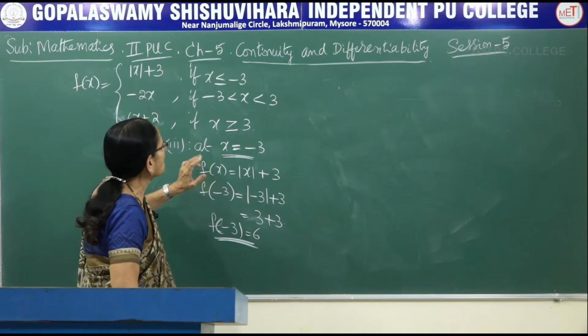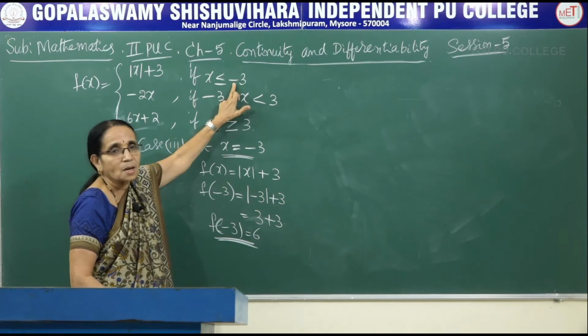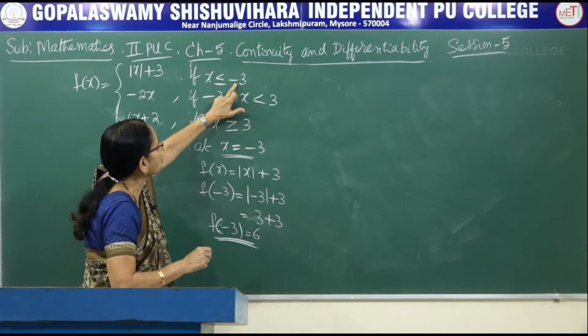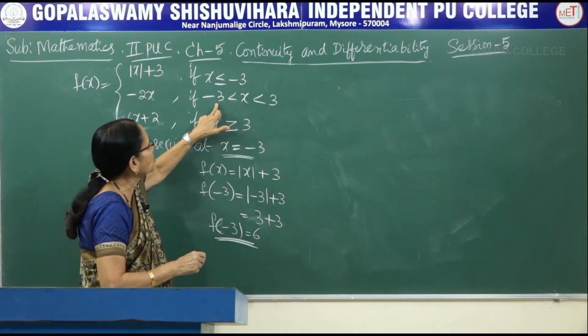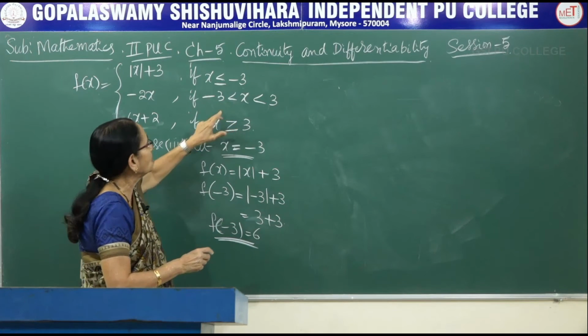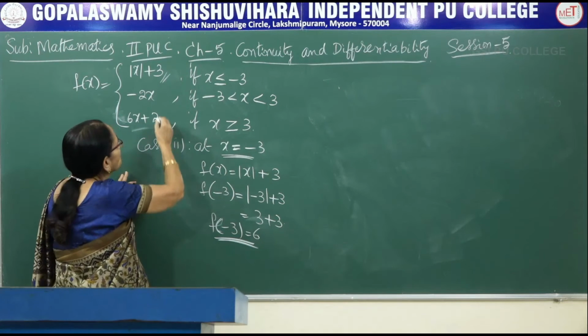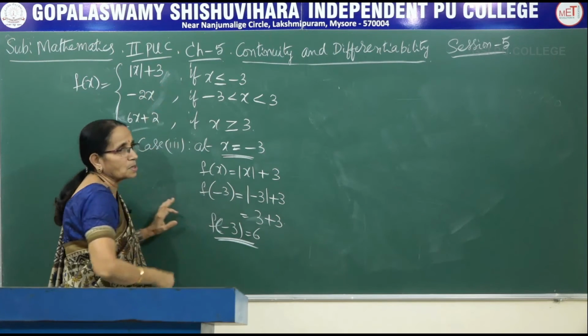Now look here. This number minus 3 can be approached in two different ways. When x values are less than minus 3, and through the values greater than minus 3. So for the left hand limit, this has to be taken into consideration. For the right hand limit, we have to consider the second part of that one.